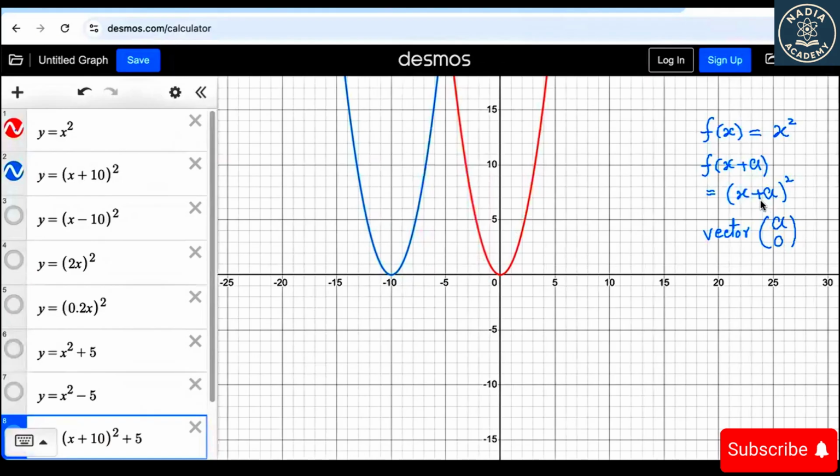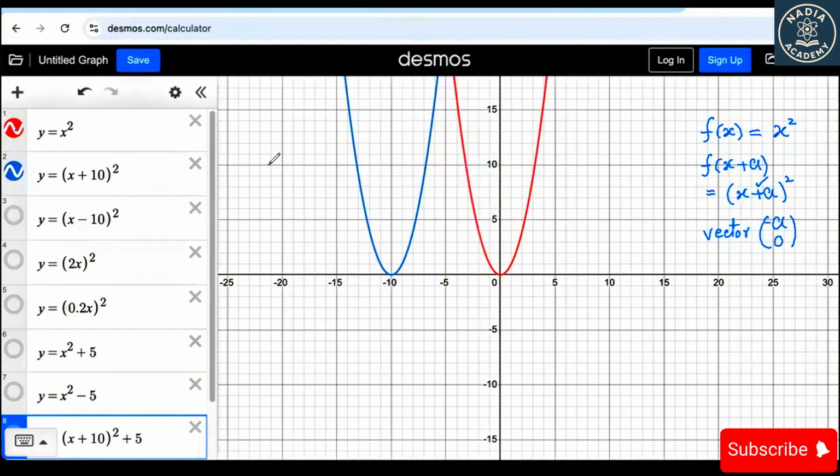When we are adding in the x parameter, we actually have a shift towards the negative x-axis. So when we have addition, our vector is actually (negative a, 0).